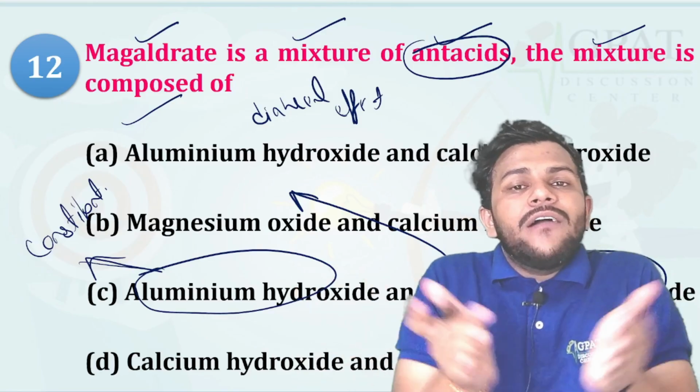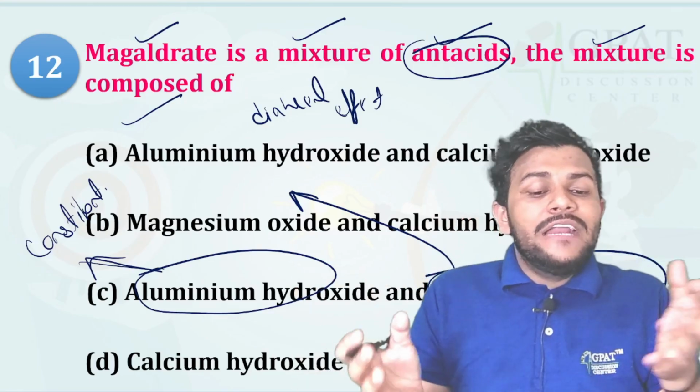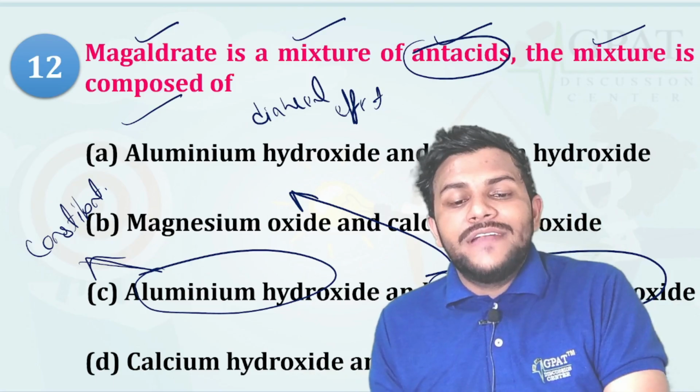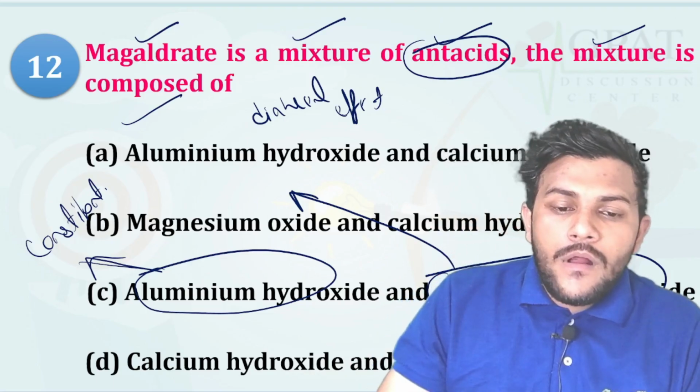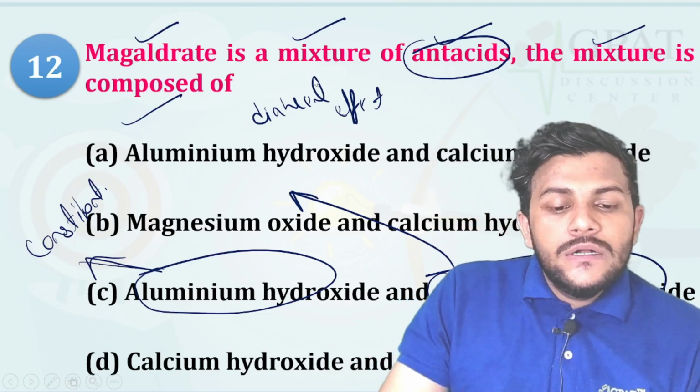So they antagonize each other's effect. The side effect of constipation is neutralized by the diarrheal effect. Got it?